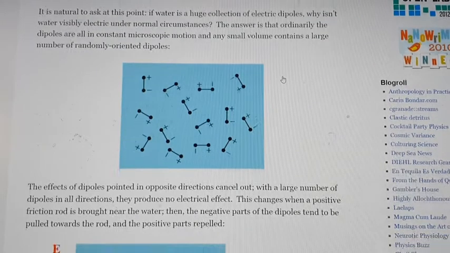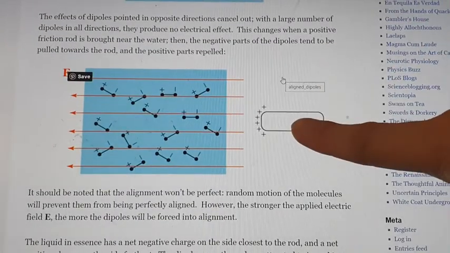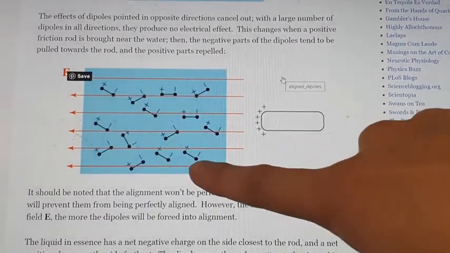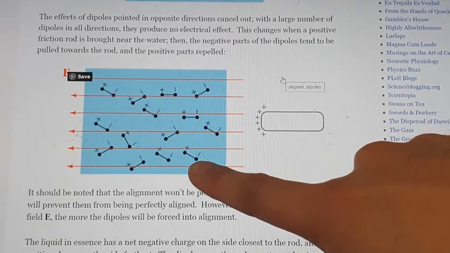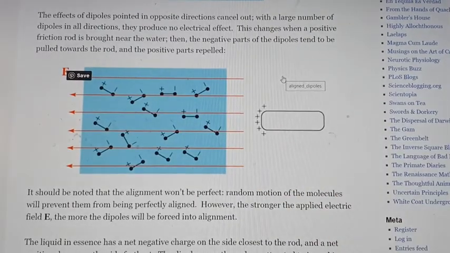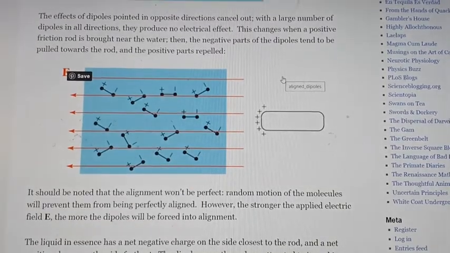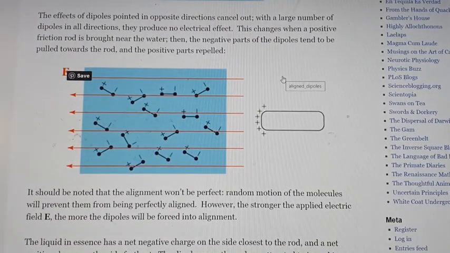However, what happens when you have an electric field? So this is what happens when you have the rod. It's positively charged. The negative side of the polar molecules of water will be attracted to the positive end of the rod. So they'll align themselves. It should be noted that the alignment won't be perfect. Random motion of the molecules will prevent them from being perfectly aligned.